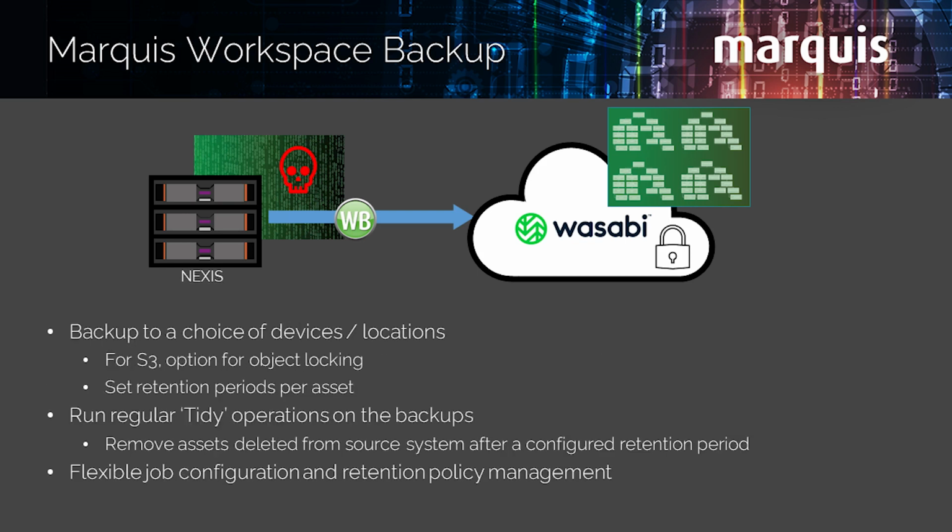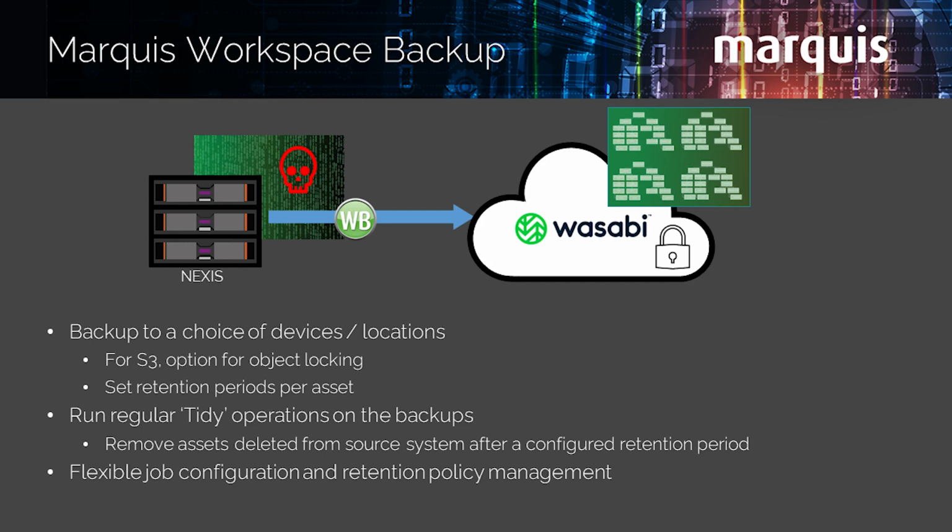On the storage side, you can go to whichever storage location you want to go to. In this example, we're going through to an S3 object storage, and the S3 includes now options for object locking. So you can put an extra level of security on the assets as they go into the storage. And when we do that, we'll set the retention periods per asset.